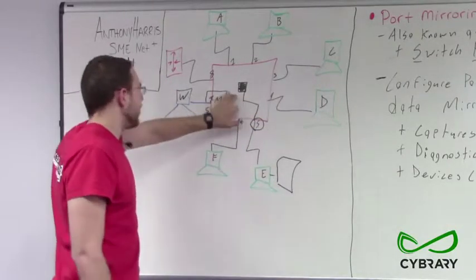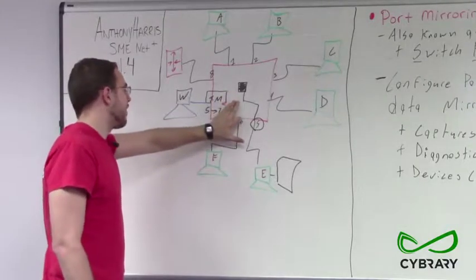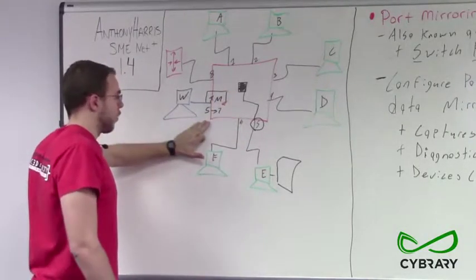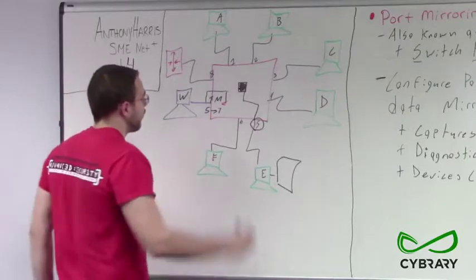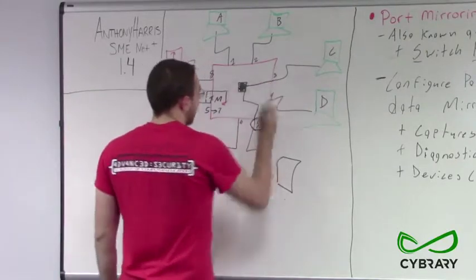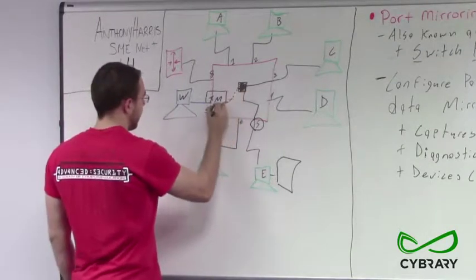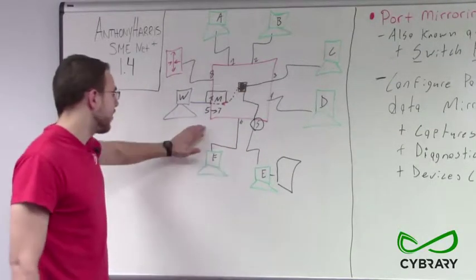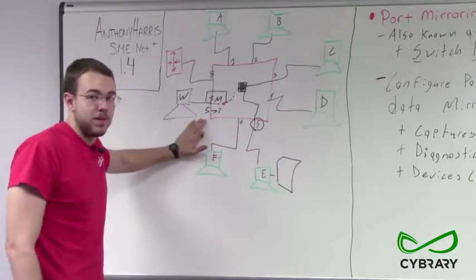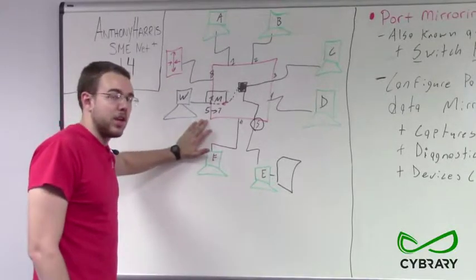But I have a rule here that says I need to mirror all this data also over to port 7, where my mirrored port is. So I'm going to send this packet onto port 3, but I'm also going to send a copy of the packet over to port 7, so that my device on port 7 can read it.